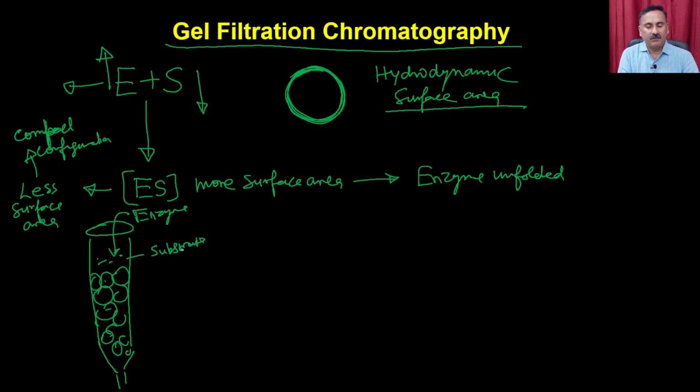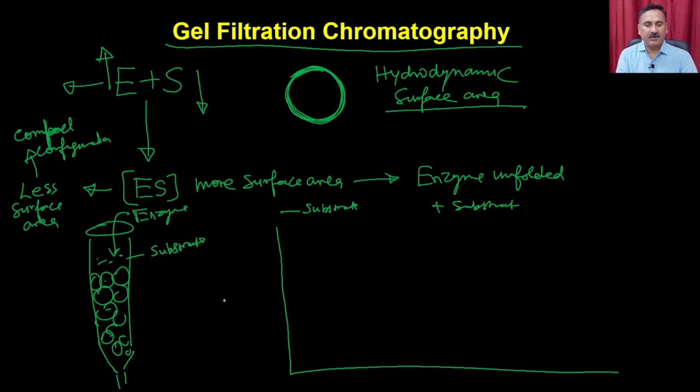So you can do this experiment in two ways: one without substrate, and the other plus substrate. First you can just analyze the enzyme without substrate, and the chromatogram will look like this.